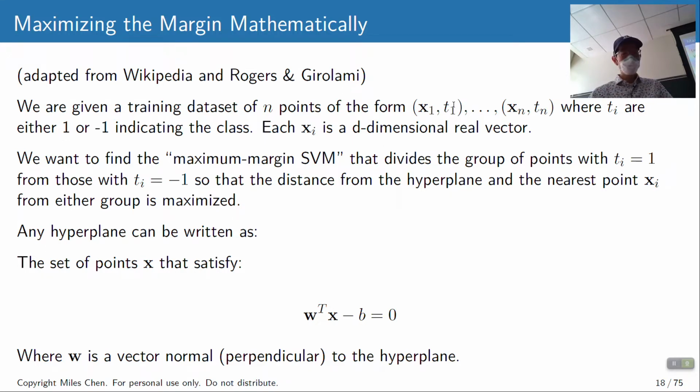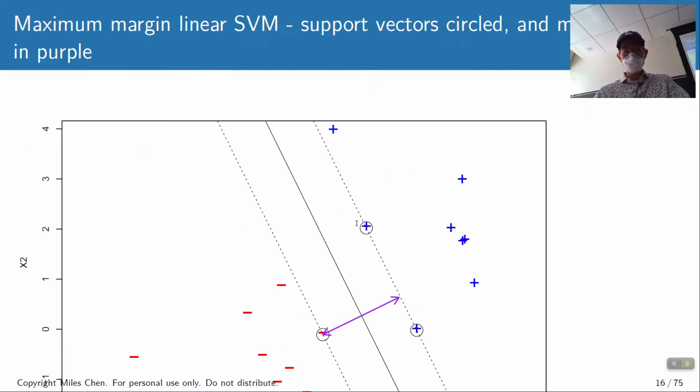And what we want to do is find the SVM, the line that divides the group of points with the labels +1 versus -1, so that the distance from the hyperplane to the nearest points is as large as possible.